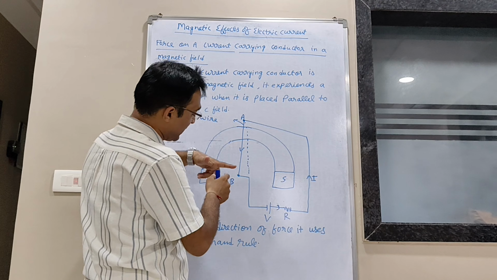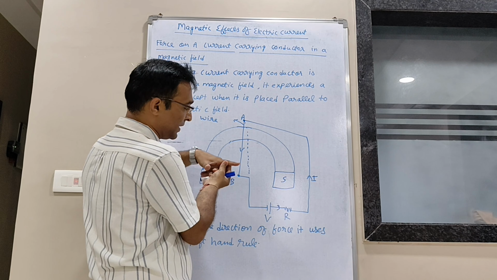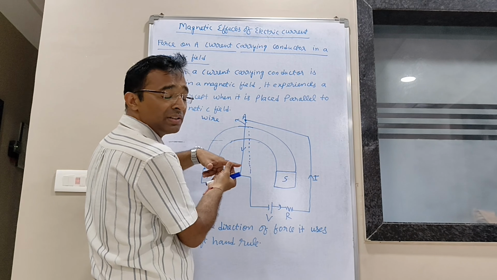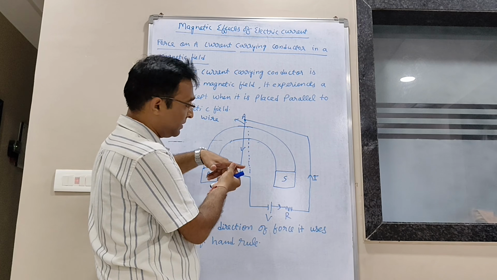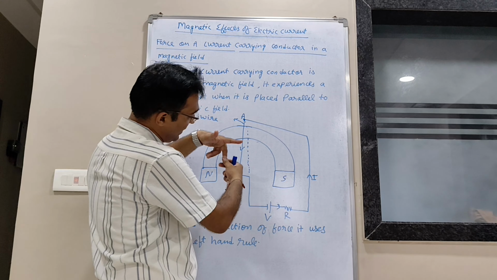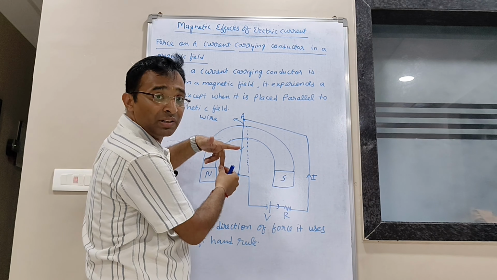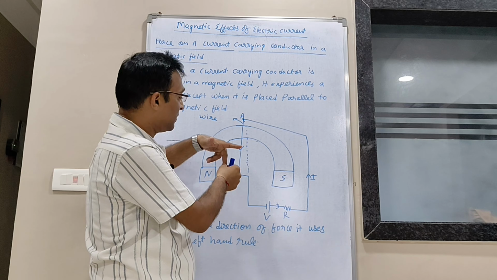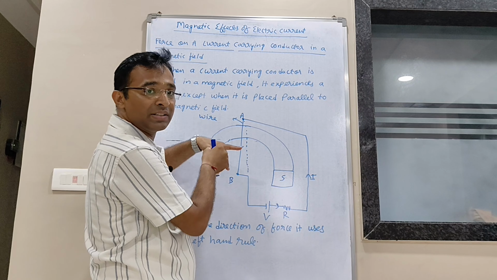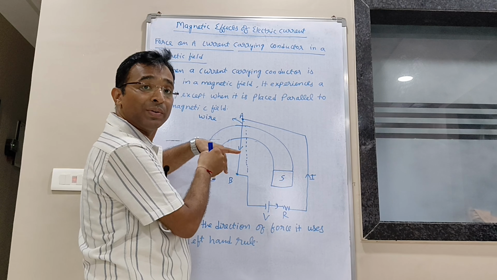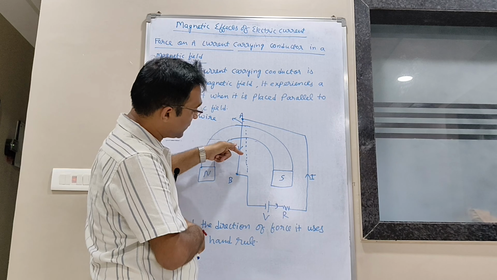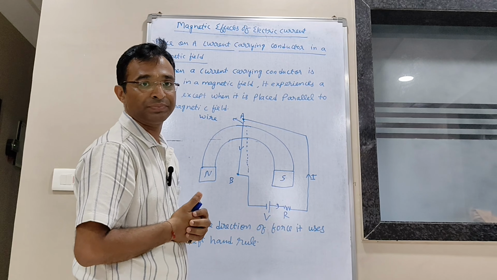You can consider that my first finger is pointing towards the magnetic field. The middle finger is pointing towards the direction of the electricity or current. Now the thumb is the direction of the force. So the direction of force will be outwards.